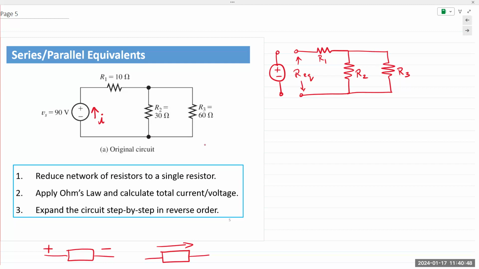Which direction is the current flowing through R1? Left to right or right to left? Logic dictates the current would follow this pathway, and there is nothing else in that path. So our assumption would be that the value for that current would be the same as I. Going back to last week, we make certain assumptions at the beginning of our analysis.